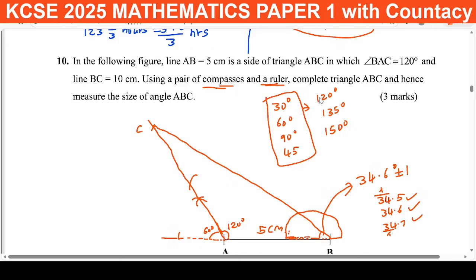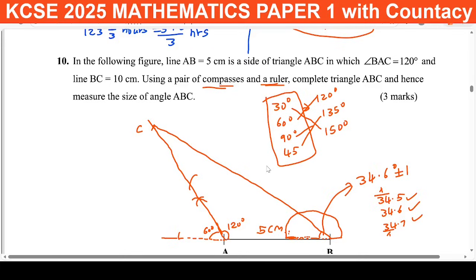For instance, 120, we get it by doing 180 minus 60. So if you know 60, you can plot 120. 135, we get it by plotting 90 and then 45, like that. For 150, you get it by doing 180 minus 30. So if you know how to plot that, you can be able to plot 150.